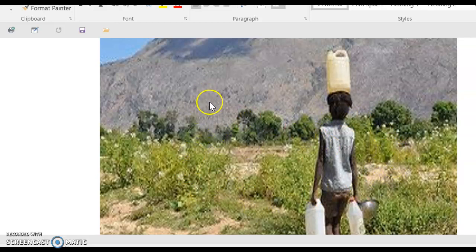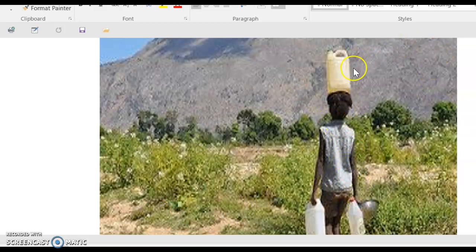What do you see? What do you actually physically see? I see the mountains. I see some bushes, some scraggly bushes, some sand. I see a girl because I can tell she's a girl from her hair.